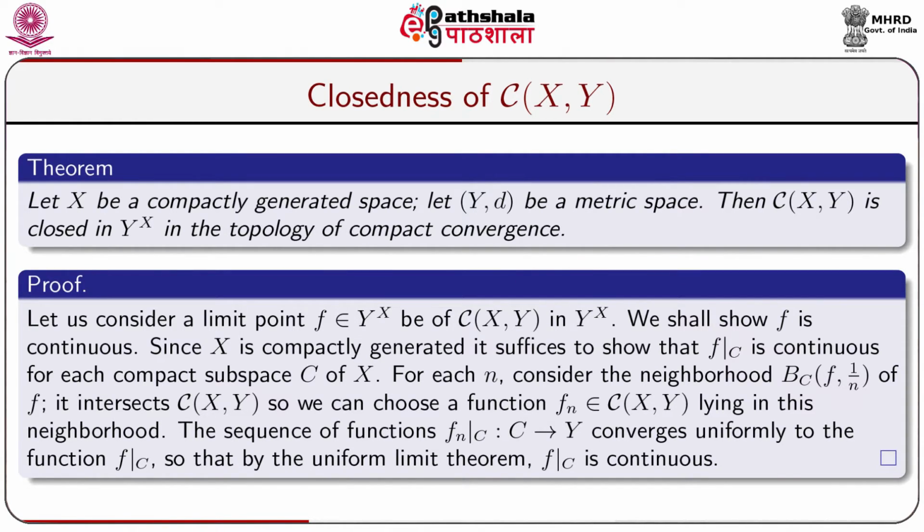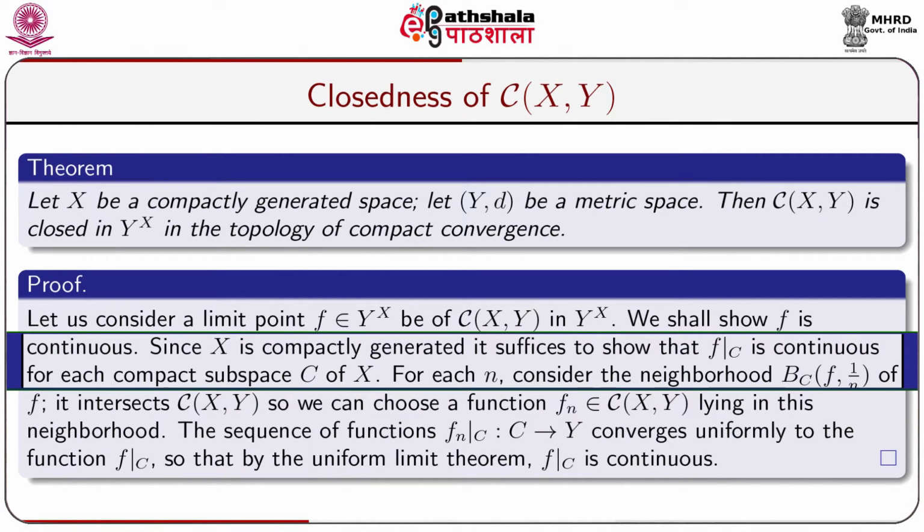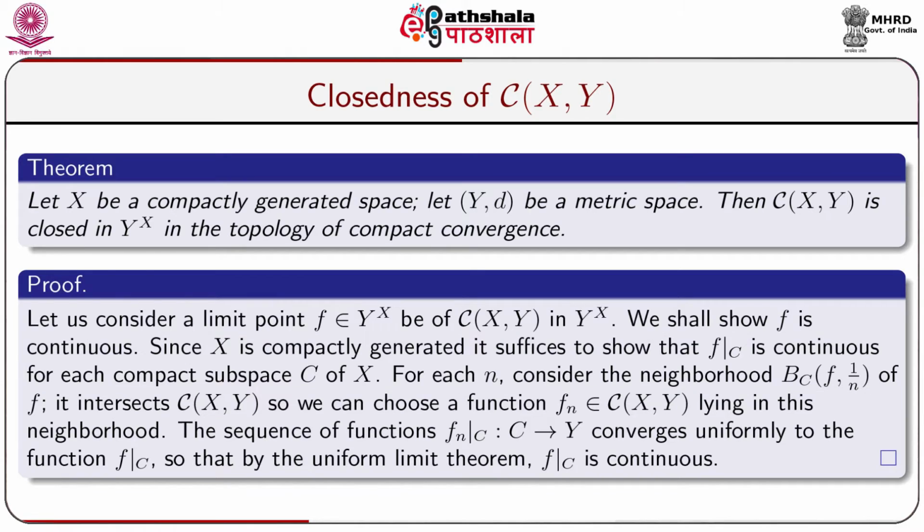So, let f be a function from X to Y which is a limit point of C(X,Y). We have to prove that f is also continuous. Since X is compactly generated, it is sufficient to show that f restricted on C is continuous on C for any compact subset C. This follows from the previous lemma.